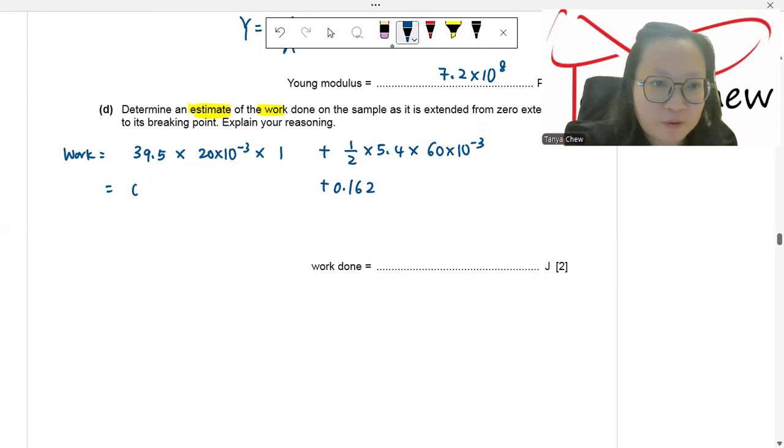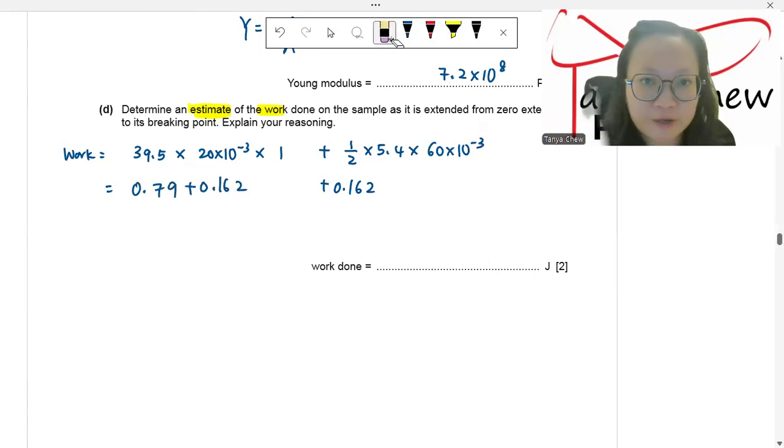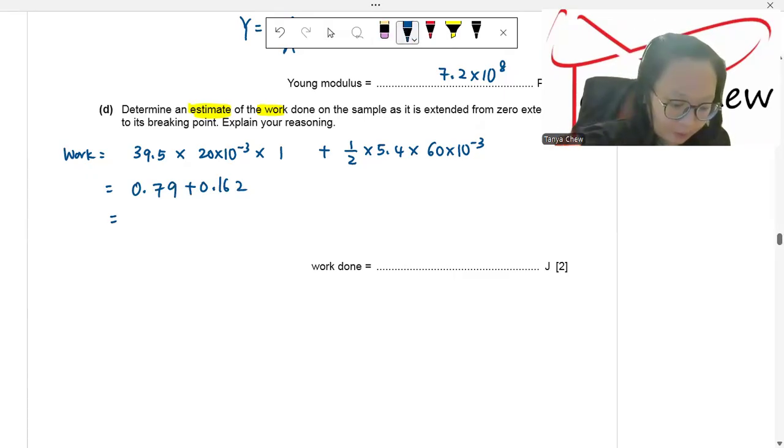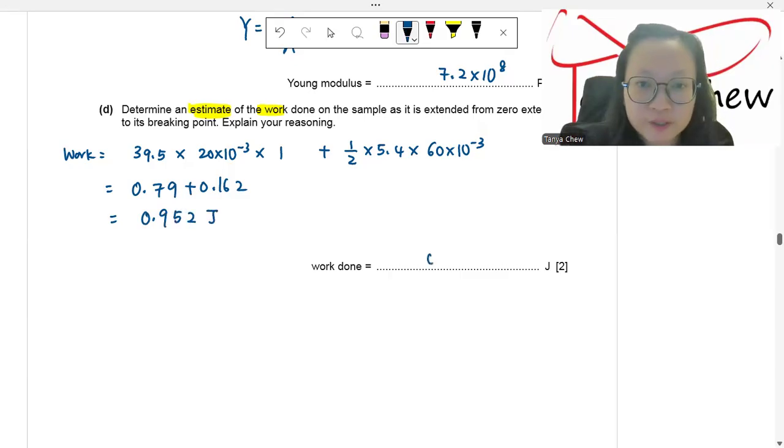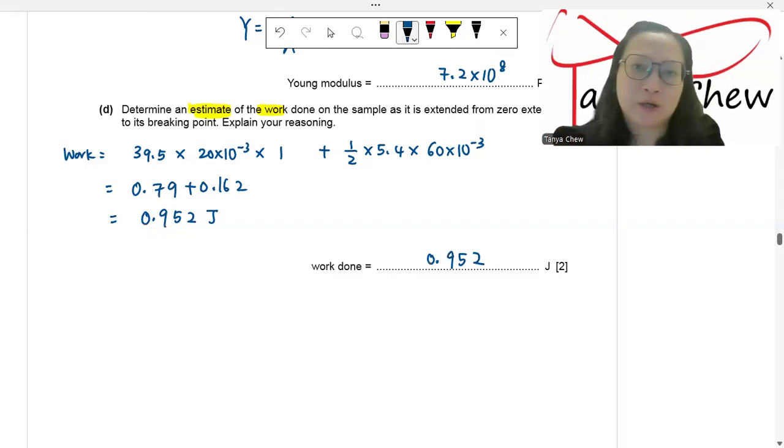So this is 0.79 plus 0.162. Let me erase that. Now plus 0.162, and my answer is 0.952 joules. 0.952 joules is my answer.